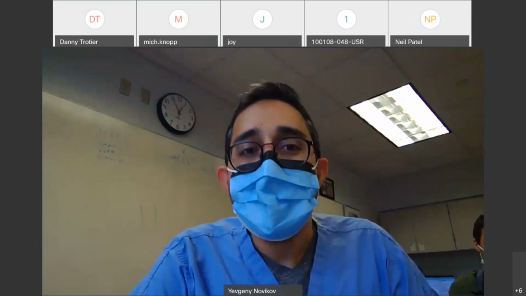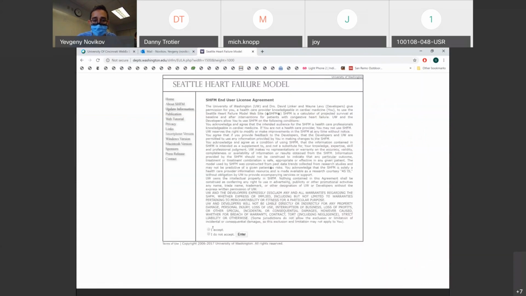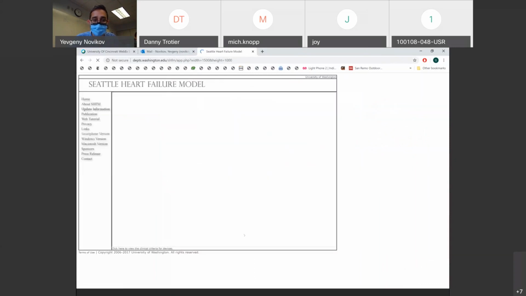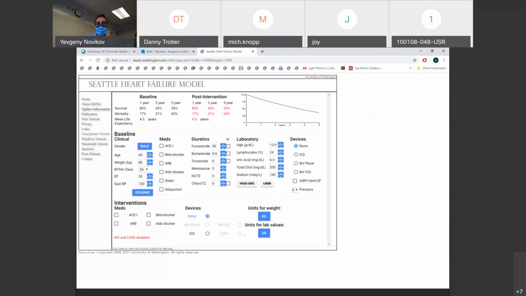Okay. So realize there's a Seattle Heart Failure Model, and it's actually pretty cool if you're ever bored and have time to do this. If you go through and put in the medications the patient is on, the age, their current weight, and all these factors, and I know there's a lot of factors, it tells you what their survival is more than likely going to be, like their overall survival, mortality, and life expectancy.